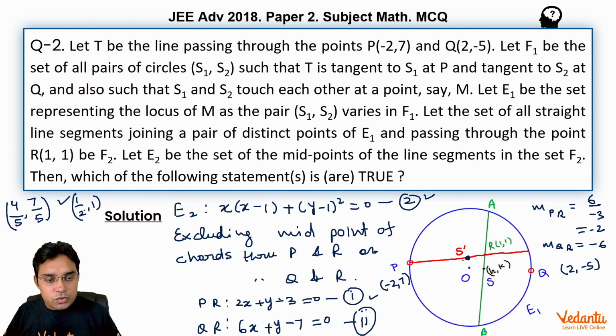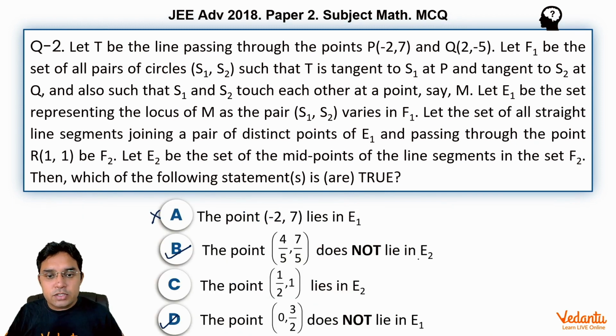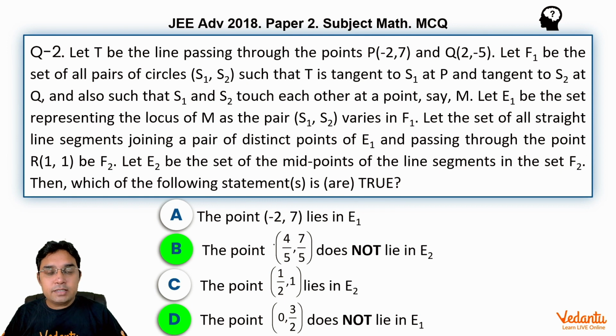In fact, half comma 1 is not even satisfying equation number 2, so it does not lie on E2. So option C is also wrong. So you can see how tactfully they have given the options in this question. They have made all possible arrangements so that you get confused in answering this question. Let us see what the answers are. So B and D are the answers.